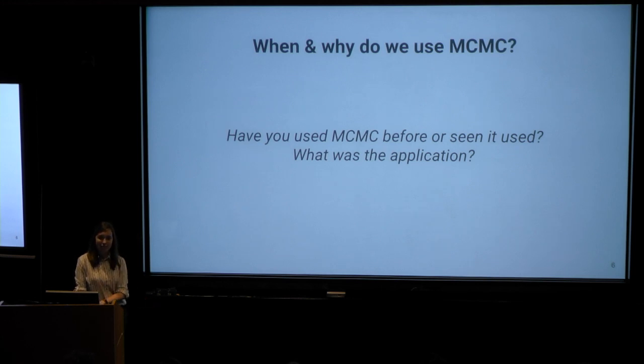Okay. So I've used it before without really understanding what it was doing, in SED fitting, with somebody else's code. It generated a corner plot and I thought, oh, I have no idea what's going on.